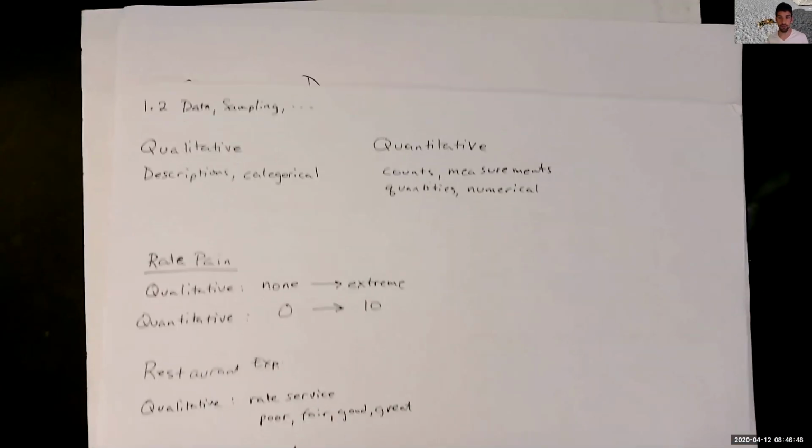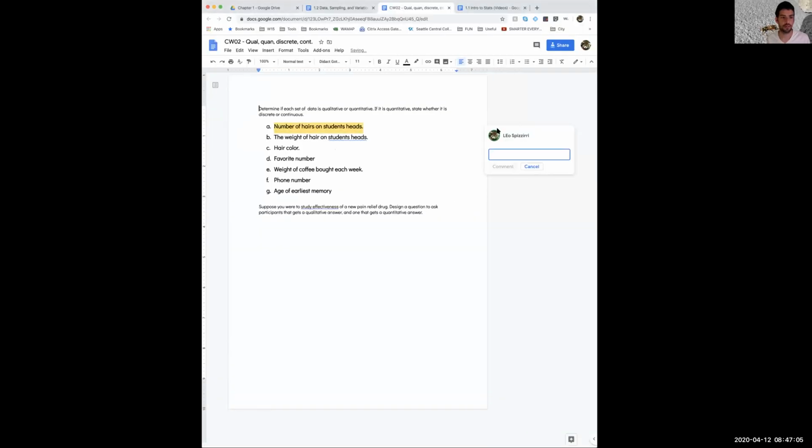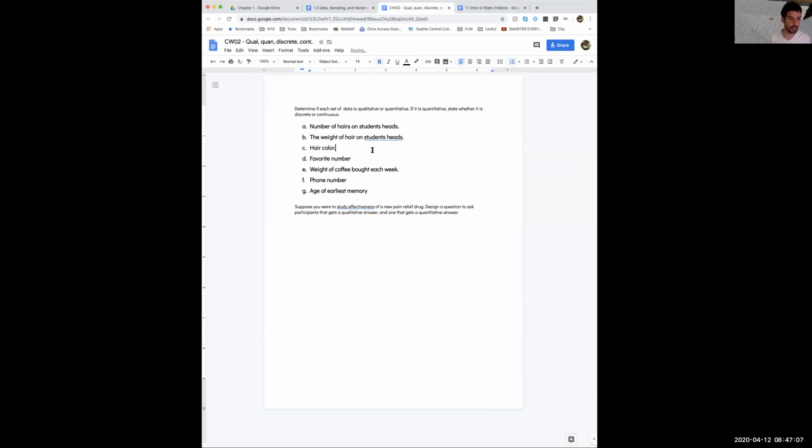So let's do one more thing before we go. Let's just run through a few more examples. Let me share a different page. Okay, so we did a little bit of this: number of hairs on heads, the weight of hair on students' heads, hair color.